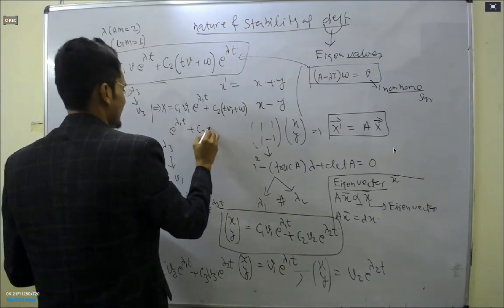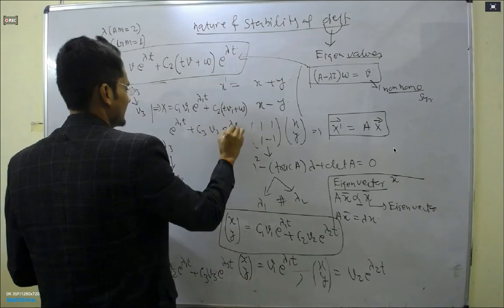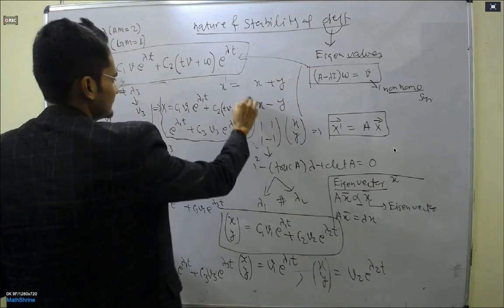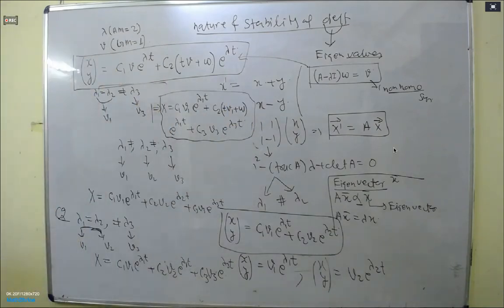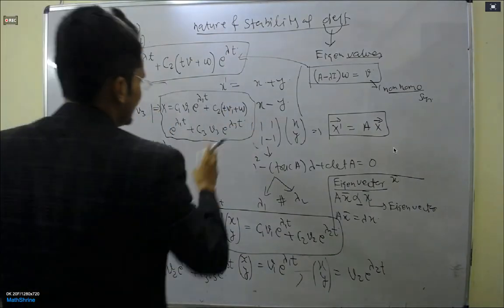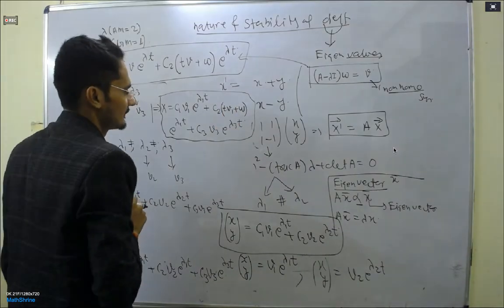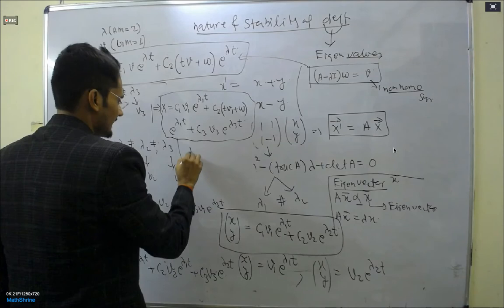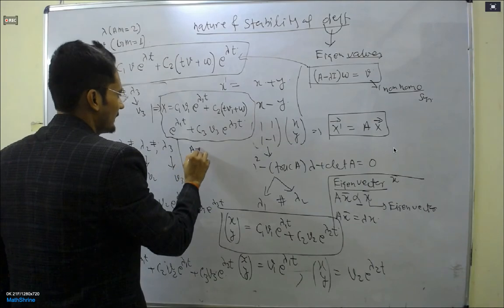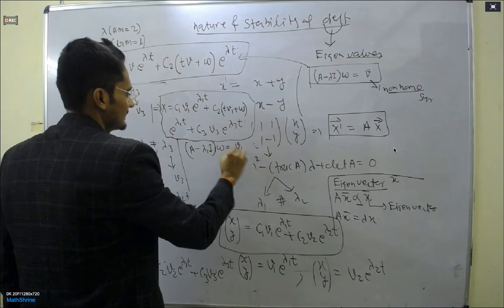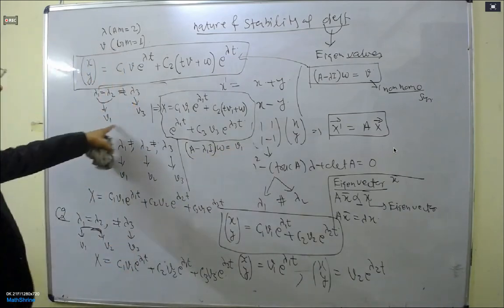And one more case is possible here, if you can remember. What are the possibilities? If lambda 1 is equal to lambda 2 is equal to lambda 3, all lambdas are the same, and even then we have v1, v2, v3, definitely they cannot be the same, right?